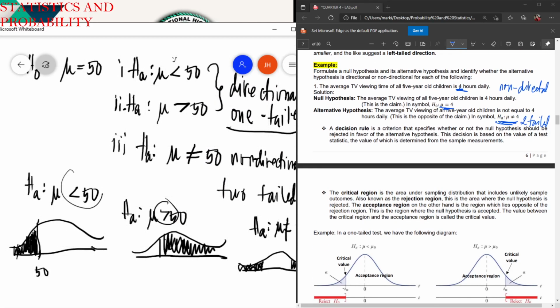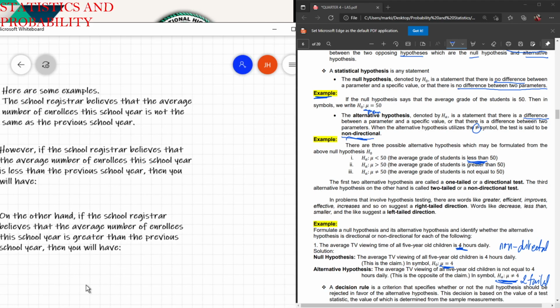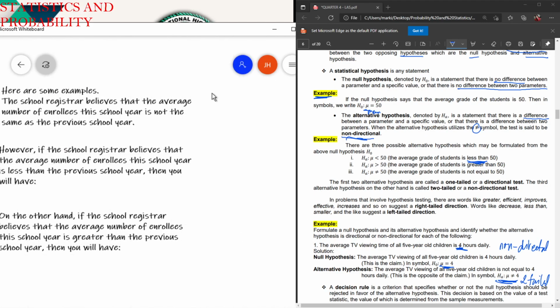Okay, let's have another example for this null and alternative hypothesis. So we have here some examples. The school registrar believes that the average number of enrollees this school year is not the same as the previous school year.